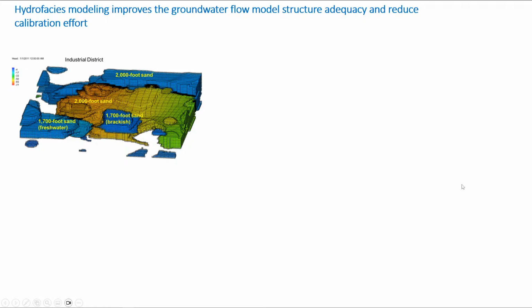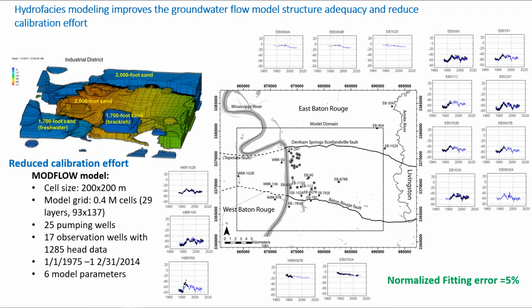Let's look at this model more. Here in this model, I was able to get the normalized fitting error of only 5%. So the deviation between, like, see here, for example, let's see this one, WR 102.4.